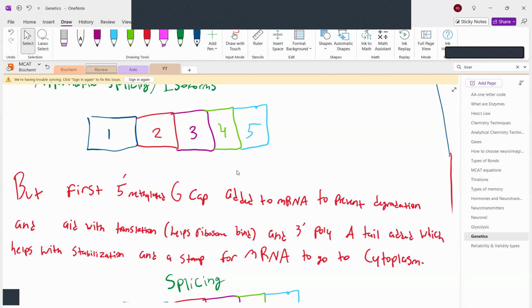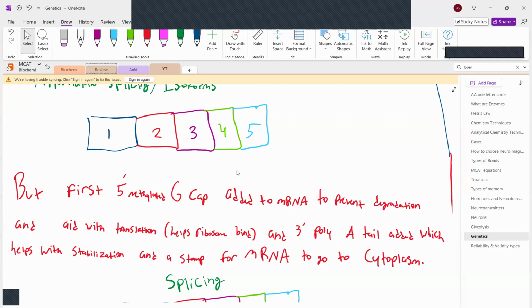And then the 3' poly A tail is added. It's just a bunch of adenines added at the 3' end of the mRNA sequence, and that helps with stabilization. It is sort of like a postage stamp for mRNA to go to the cytoplasm so that the mRNA can bind and the protein can be created.